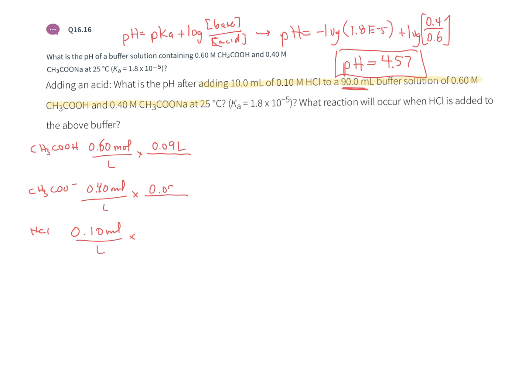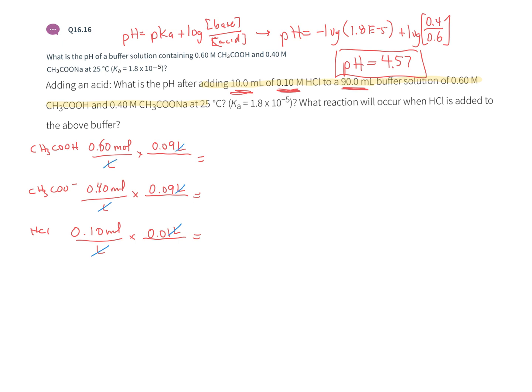So now I can move this from molarity, which is moles per liter, into moles, and figure out how much of each I have and how much is going to react. And I take 10 milliliters of the HCl solution, so that's 0.01 liters. That cancels out.